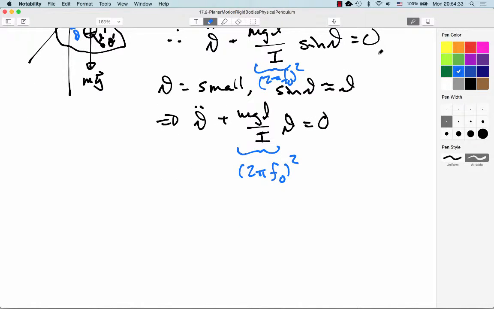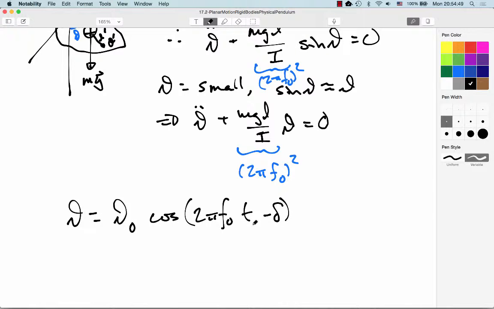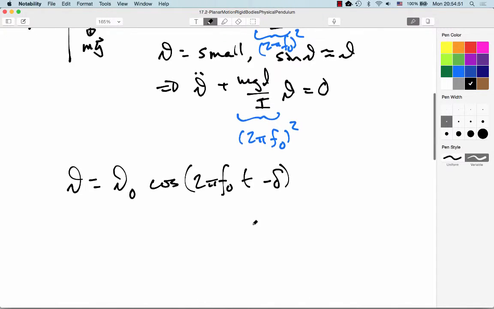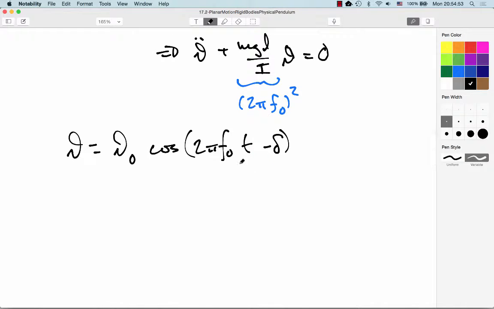So as long as we're keeping our angle small, we've seen this before, back when we studied simple harmonic motion, we know the answer. Theta is equal to some theta naught, our amplitude, times the cosine of 2 pi f naught t minus some arbitrary phase delta. And we can find our frequency.